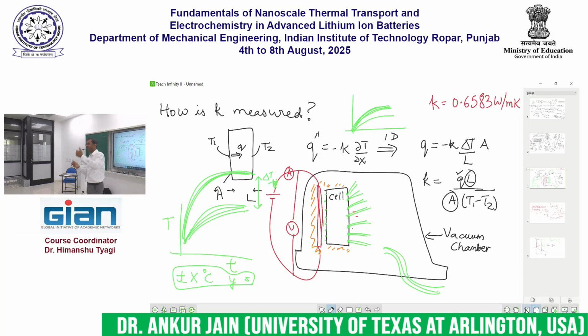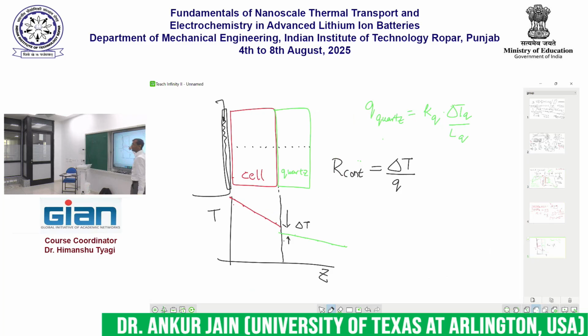Some of it might go through the insulation, some of it might leak here and there, and therefore I really wish to determine exactly the amount of heat that flows through the cell, not the amount of heat that is generated in the heater, because the two may be different from each other. And this is one way of measuring directly the amount of heat that flows through the cell. By doing this, I no longer have to depend on current and voltage measurements to know the amount of heat that flows through.